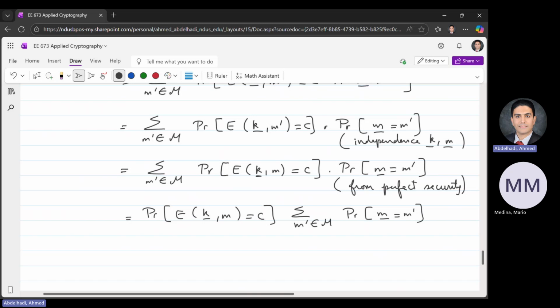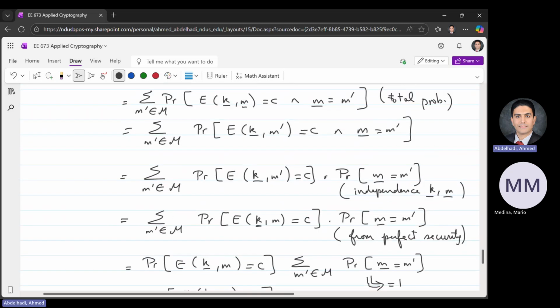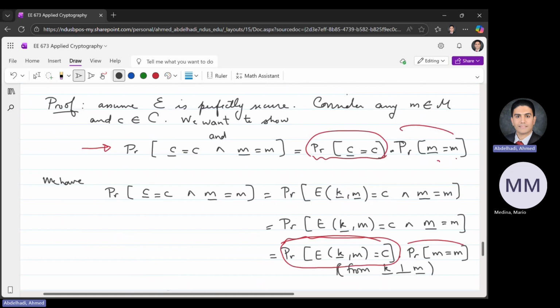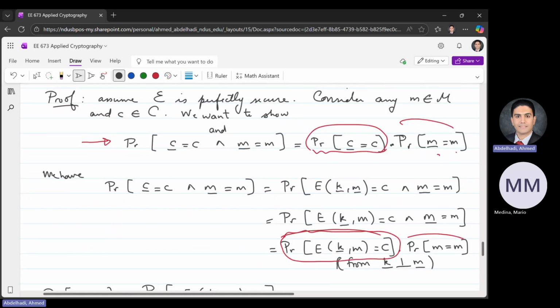So this sums up to 1 because you are summing all the values of M. So this probability sums up to 1. So eventually this is equal to the probability of E of K and M equal to C. And again, this goes up to 1. Which means that I was able to show that this side is equal to this side. Right? So now this proves it.